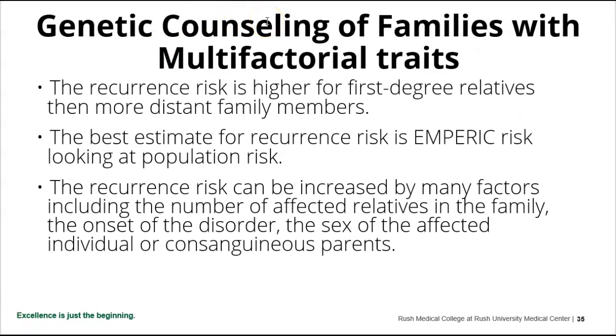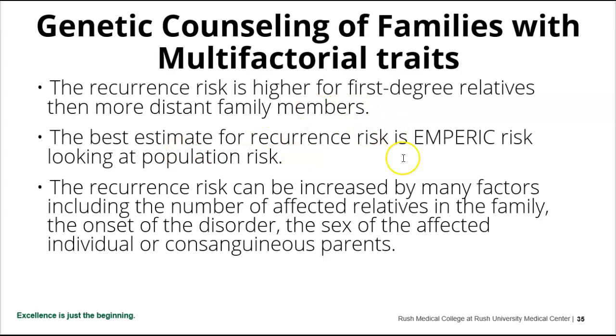In genetic counseling in families with multifactorial traits, the recurrence risk is higher among first-degree relatives than more distant members of the family. So when I'm taking a family history, my dad's brother's grandchild, that's a lot of lines, I'm not too worried.